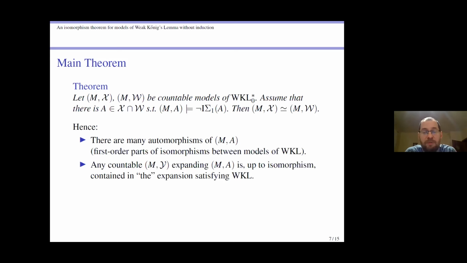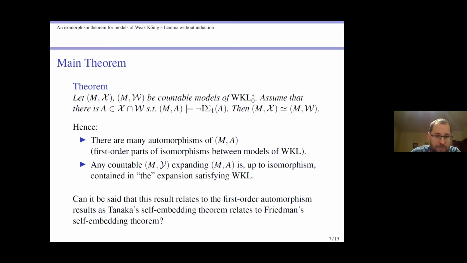So they're the same up to isomorphism. So in some sense, you can't really expand a model of BΣ1 plus not IΣ1 that much, because all the things that you can expand by live in this one single model of weak Kőnig's lemma that you have. Okay, so that, to me, explains both of these phenomena that we observed.